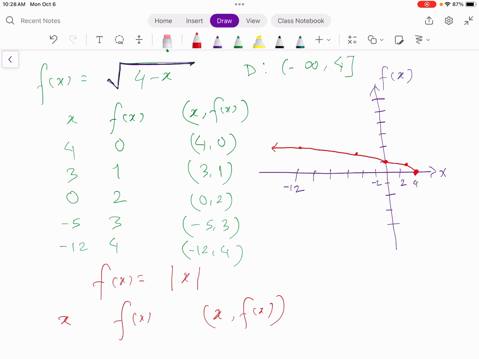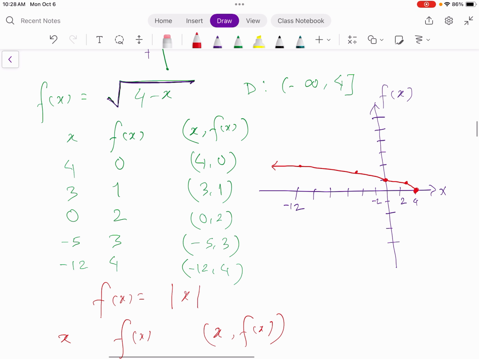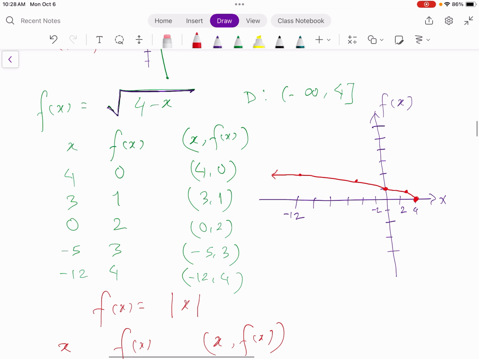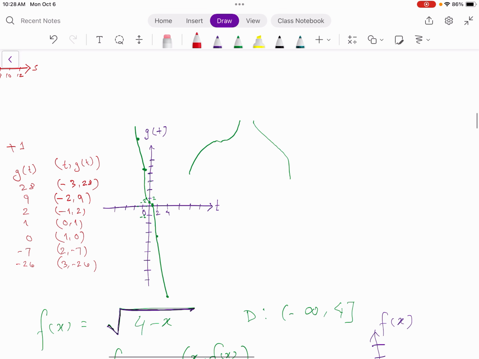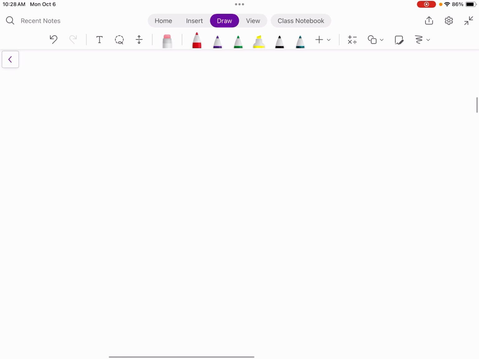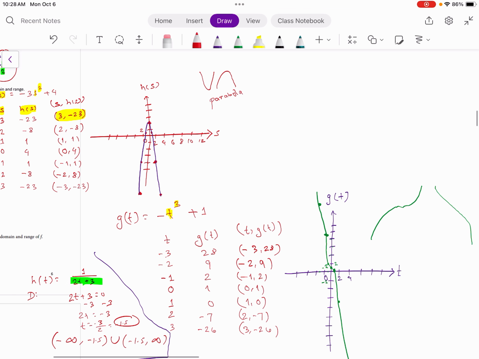So the graph depends on the equation. Okay, but if you have a cubic function, this is a square root function, and if you have a square root function, your graph is very similar to this one. Every square root function has a very similar graph, and every cubic function has a very similar graph. In the same way, every quadratic function has a graph which we call a parabola.